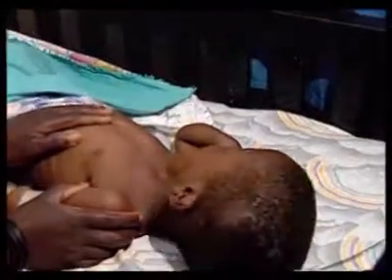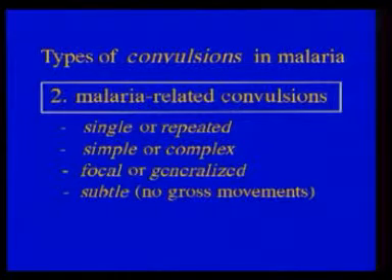When not simply due to fever, convulsions in malaria may be single or repeated. They may be simple convulsions of the tonic-clonic type or more complex. They may affect one part of the body or several. Sometimes there may be almost no visible movement.